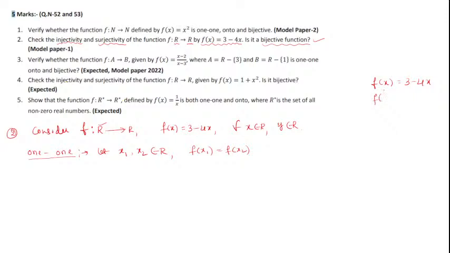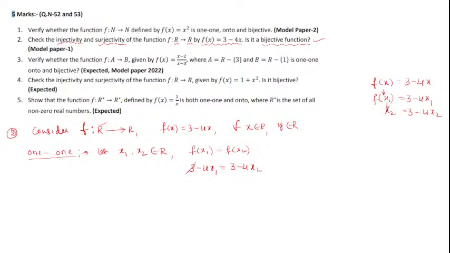So in place of x you write x1, right? So you will get 3 minus 4x1. Similarly, replace x1 with x2, and you will get 3 minus 4x2. It is simple. So what you will get? 3 minus 4 times x1 is equal to 3 minus 4 times x2.